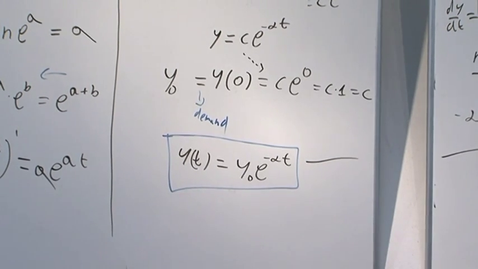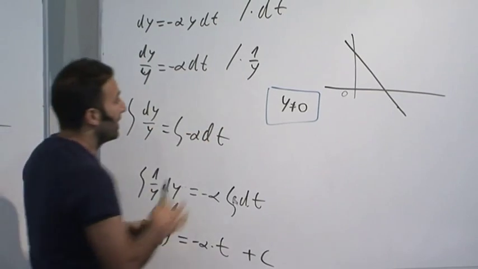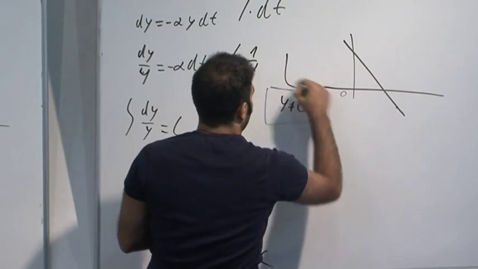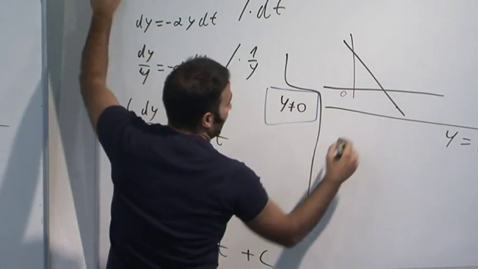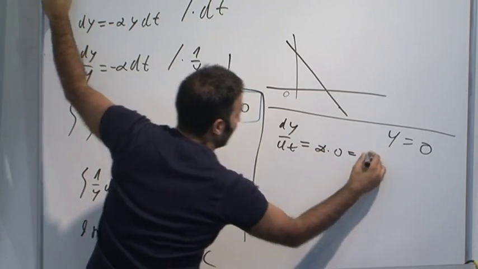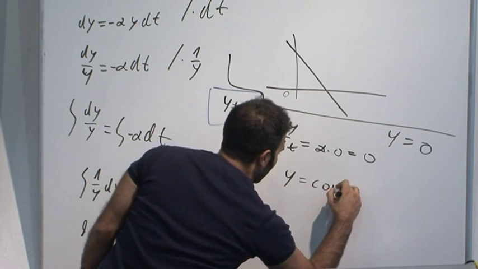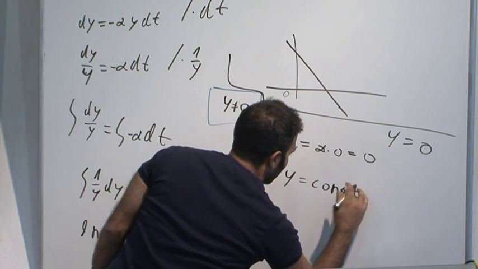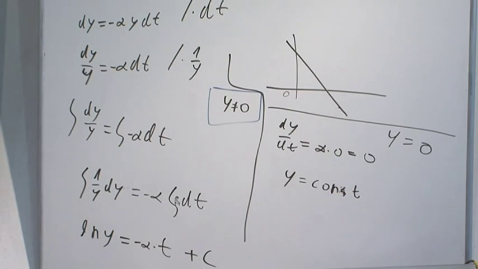So we said we're going to take care of this little problem. What happens if y is 0? Here we have to assume y is different than 0 because you cannot divide by 0. But let's see what happens if y equals 0. Then dy over dt equals alpha times 0, which is 0, which means that y is a constant. So how do I know it's 0? What do I do with it?